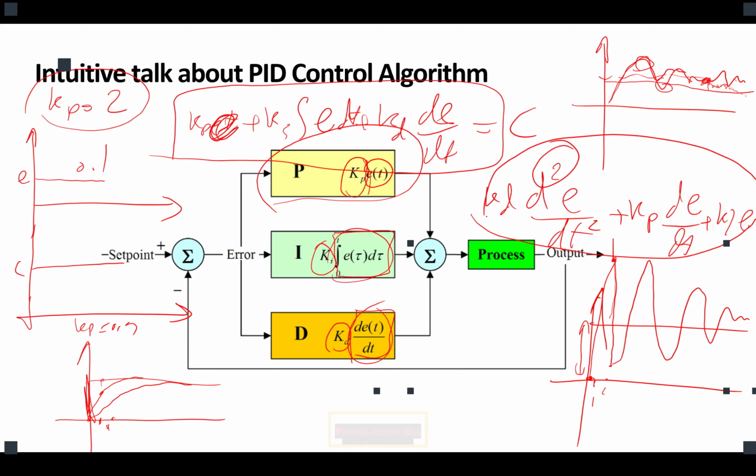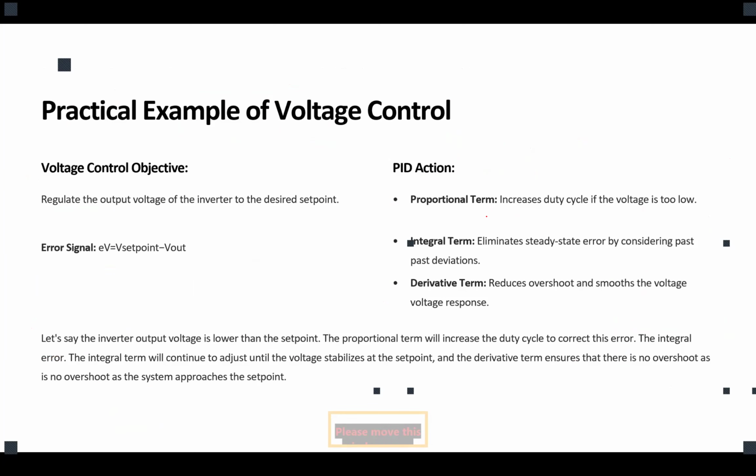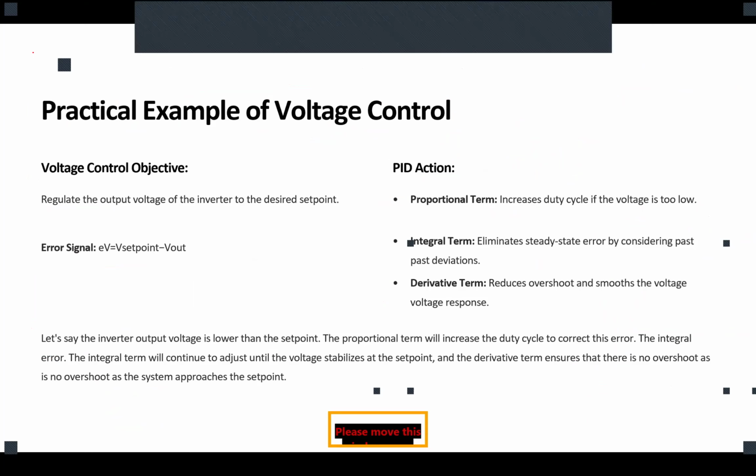Let me find a place to write down. So the derivative equation that we had, if we do the Laplace transform, becomes KD s^2 + KP s + KI = 0.